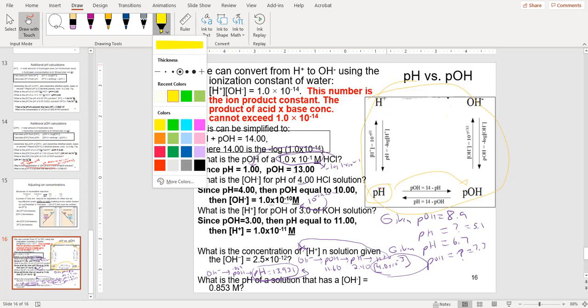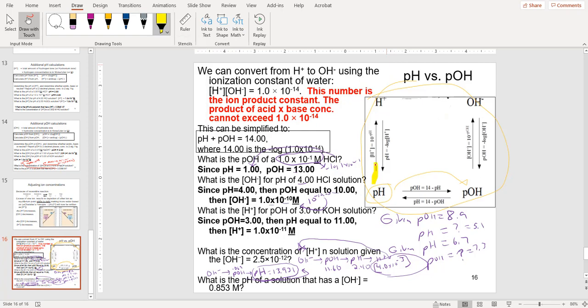If I wanted to go from pH to hydronium, then I'd have to use the antilog that you see here to get to hydronium. If I want to go from hydronium to pH, then I have to use the negative log. Same thing with pOH. Going up, I have to use the antilog to get to hydroxide, and then use the negative log in order to go back to pOH.